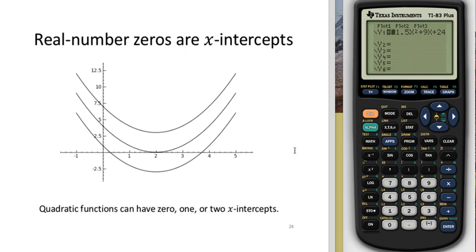So we call them zeros. They're real numbered zeros, and those are the kinds of zeros that we're interested in with the types of models that we're dealing with in this class, the kinds of applications that we're exploring. It may be very useful to think about the x-intercepts of a model.